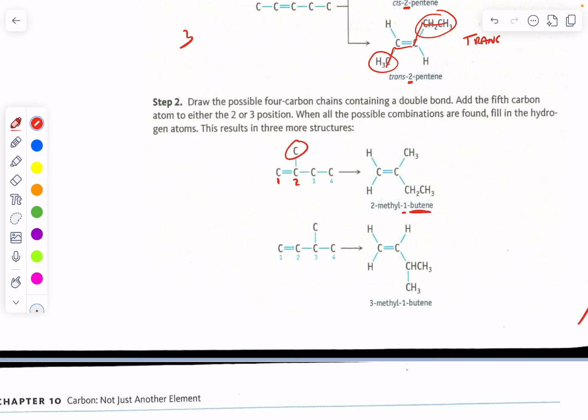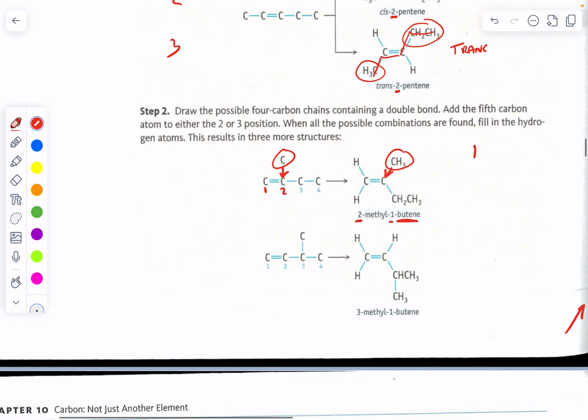And my methyl group is attached to carbon number 2, so we give the address. You will never have an attachment that will be like 1-methyl or 1-ethyl, because that would just make that carbon or carbons part of the long chain.